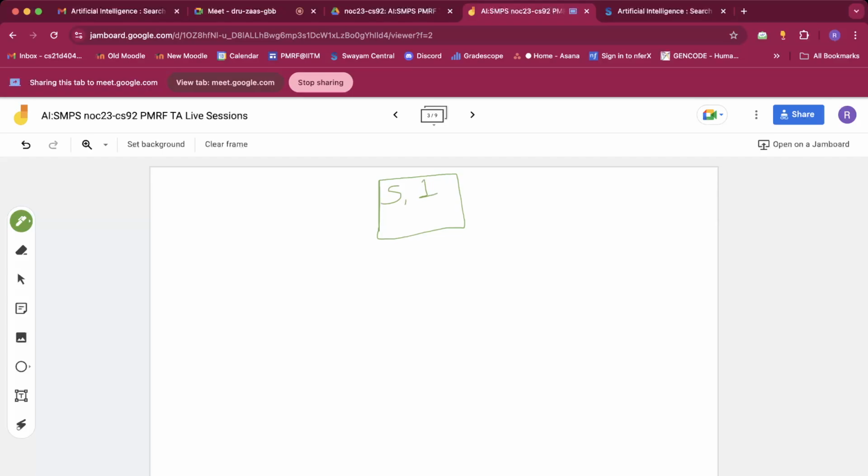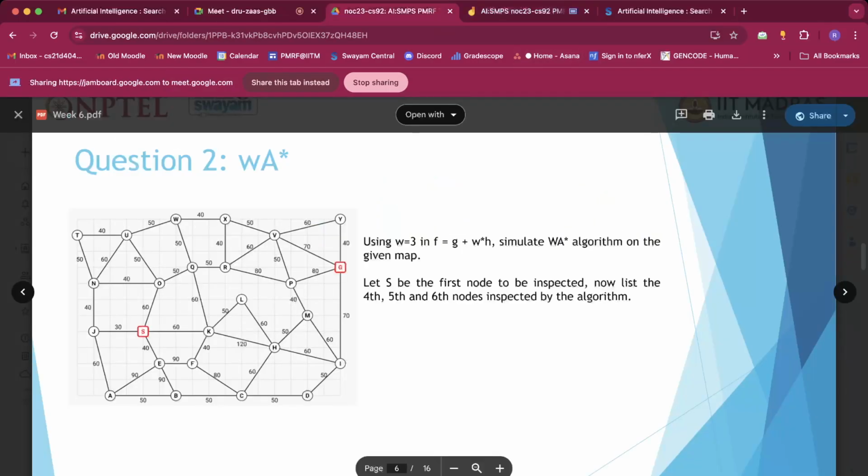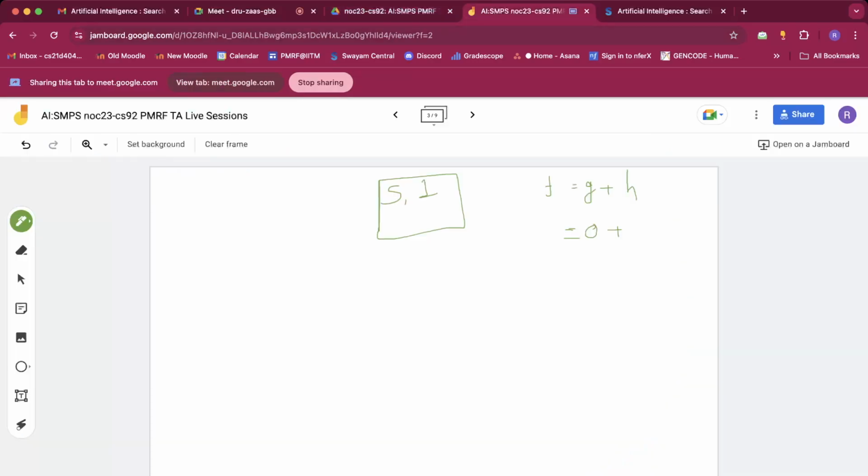So we will write 1 over here. Initially it was f equals g plus h. So g was 0 and h was, can anyone remind me what h was? I think it was 160 or something, right?